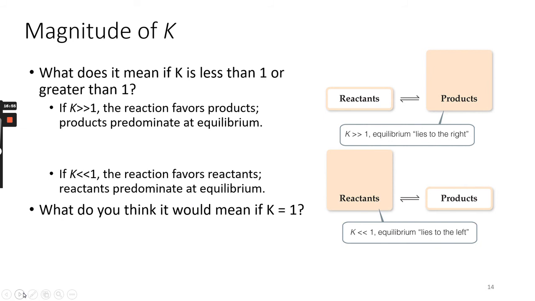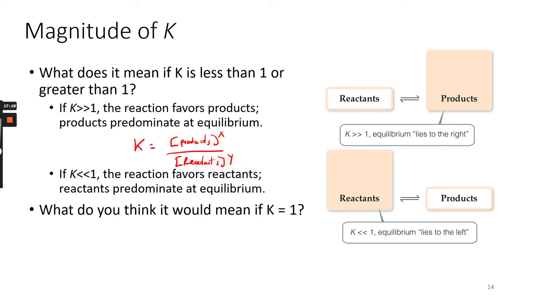What can the actual value of K tell us? Okay, so what does it mean if K is less than or greater than 1? Okay, if K is significantly greater than 1, and remember K is equal to your products on the top raised to some power over your reactants on the bottom raised to some power.